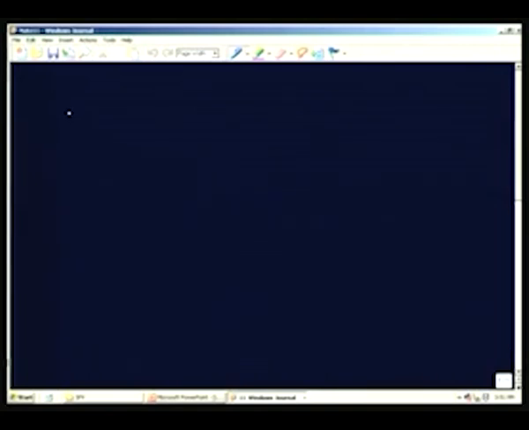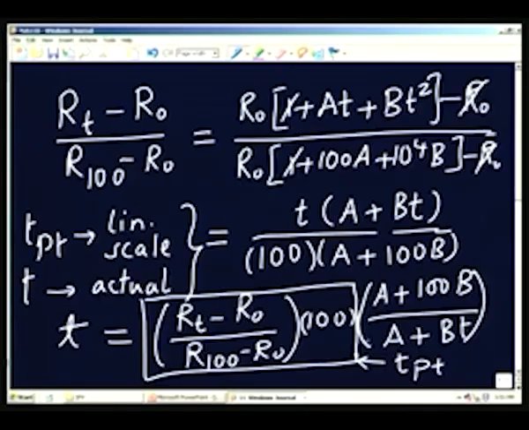So, I can rewrite that as Tpt, that is the first factor, and multiplied by, if I go back and do a little manipulation, A plus 100 B divided by A plus BT. So, I will add plus BT to the numerator and also subtract BT from the numerator, so that I can write it in a slightly different form.